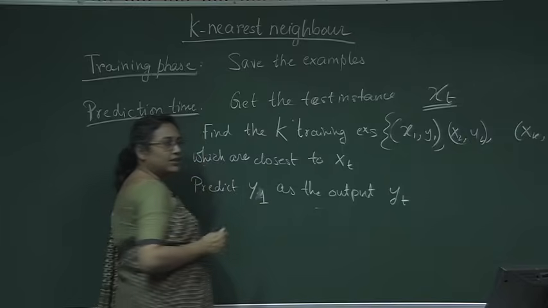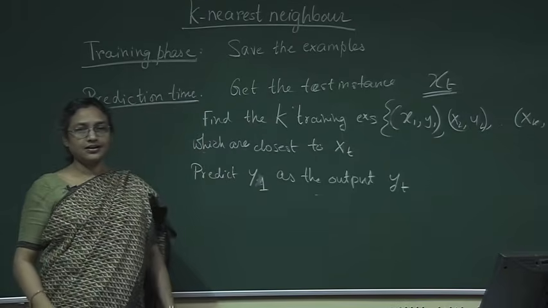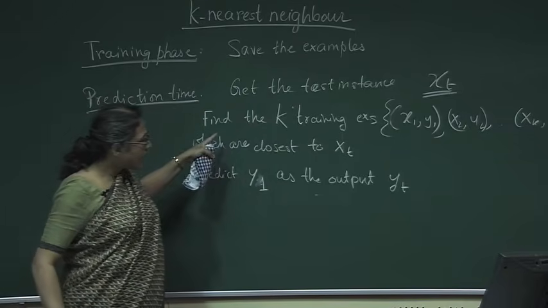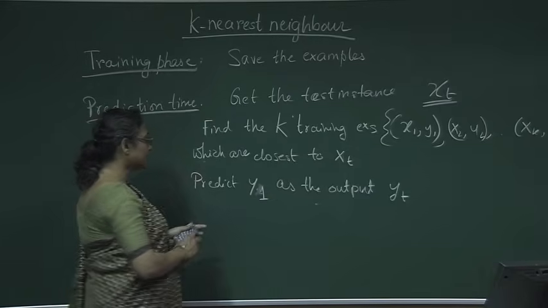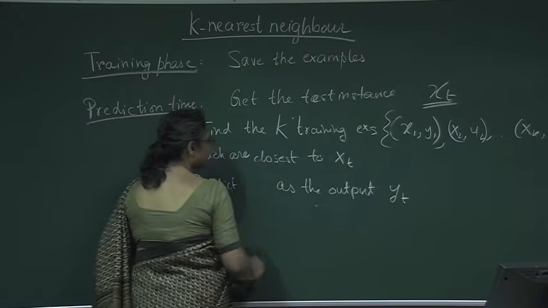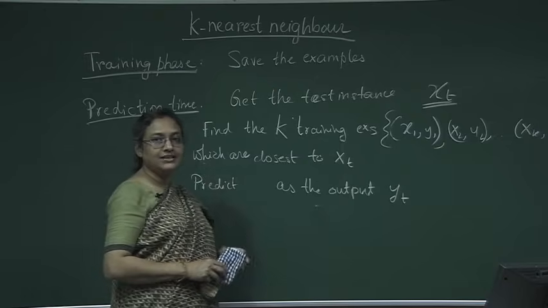So, k may be 3, 4, 5, etc. We find k nearest training examples, and predict as the output yt.